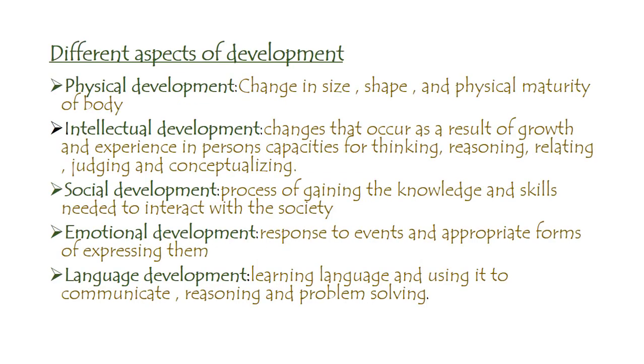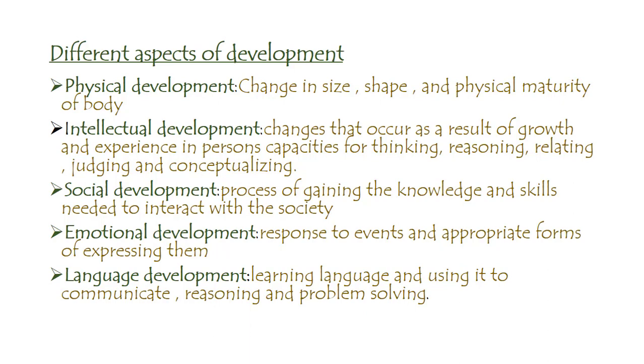The different aspects of development include physical development, intellectual development, social development, emotional development, and language development. Coming to physical development, the name itself indicates it is related to the body. So change in size, shape, and physical maturity of the body would come under this.